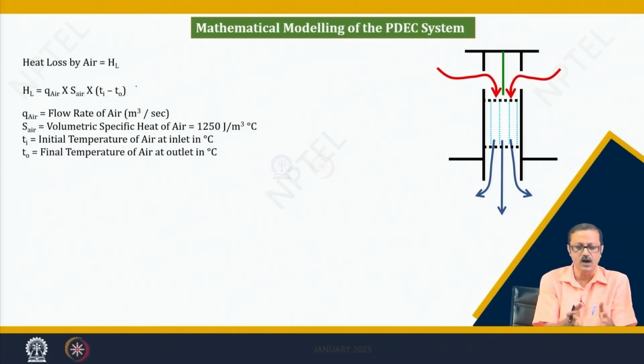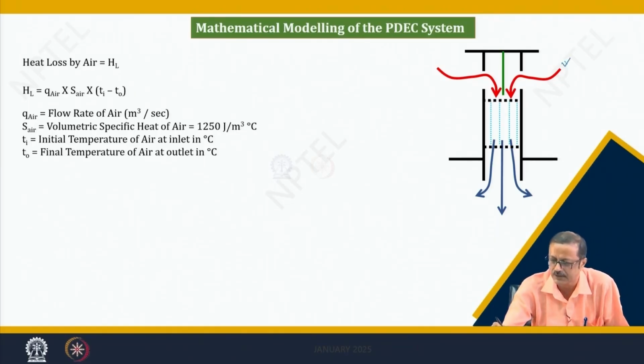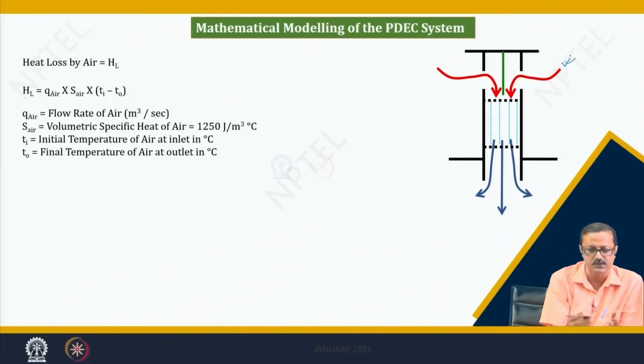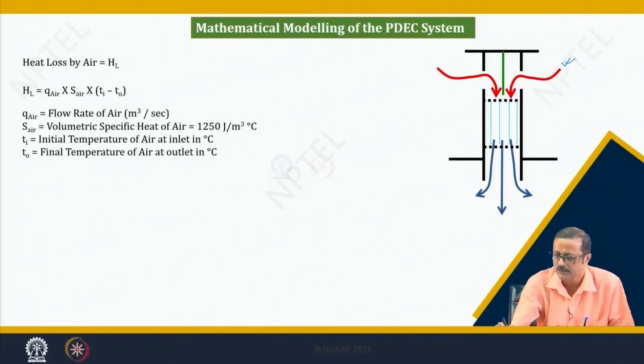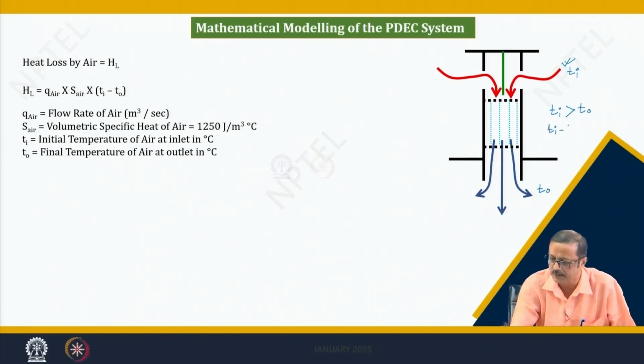It is the flow rate, how many cubic meters per second of air is coming in at this particular inlet, and S air is the volumetric specific heat, Ti and To are the inlet temperature and the outlet temperature. Here the inlet temperature will be higher than the outlet temperature, because by virtue of this process the air will lose some heat. That is why Ti minus To is written.